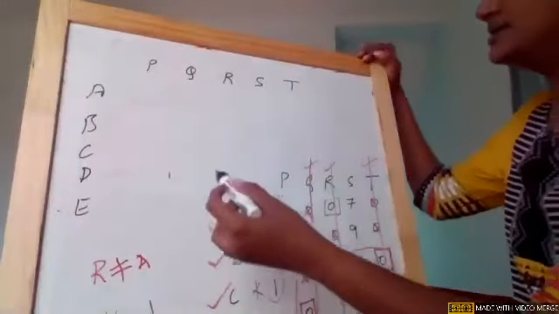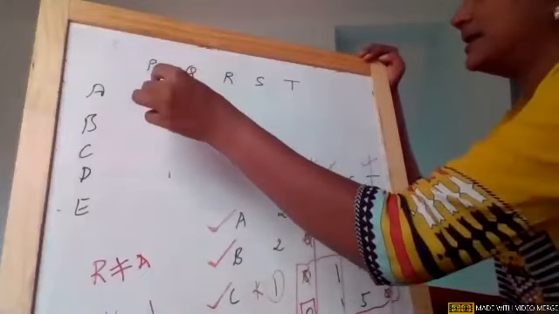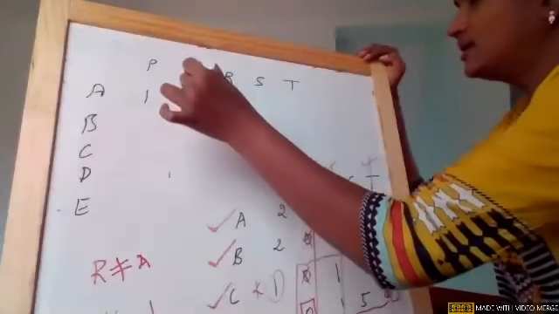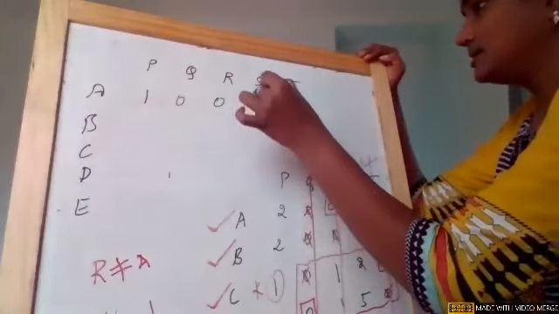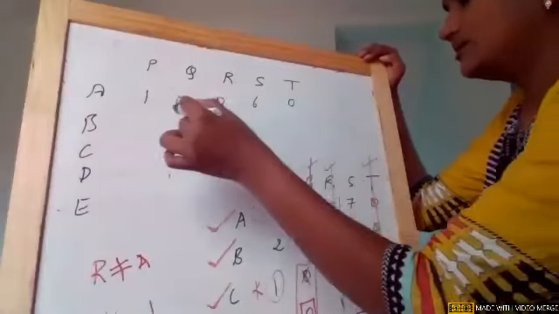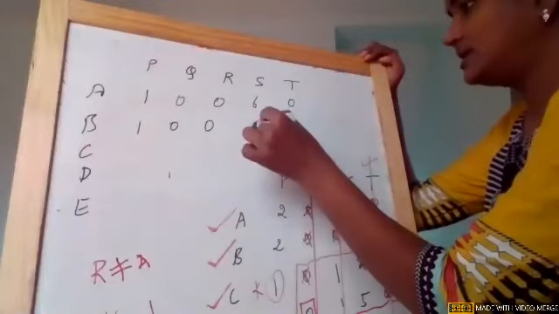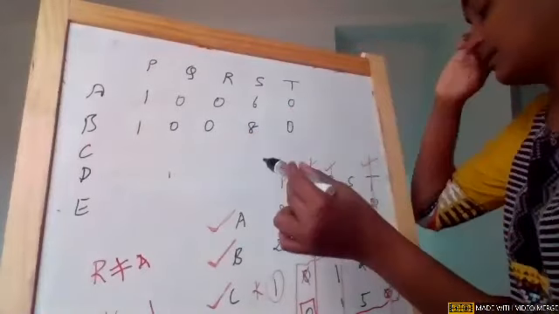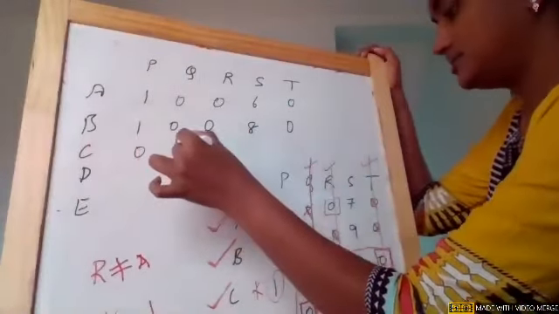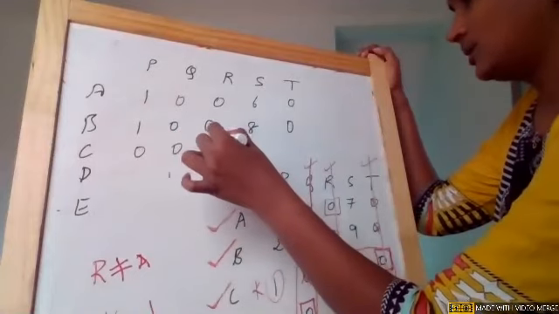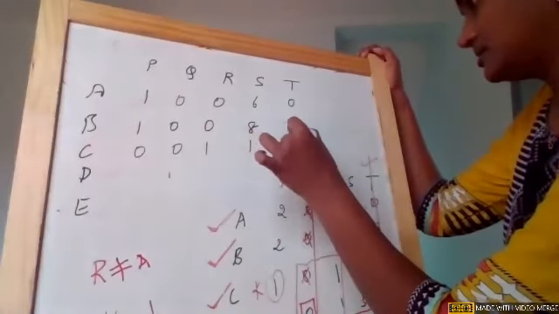Okay, so now k is 1. So I'm just again applying 2 minus 1, it is 1, 0, 0, 6 and 0. 1, 0, 0, 8 and 0. 0, 0, 1, 1, 0.